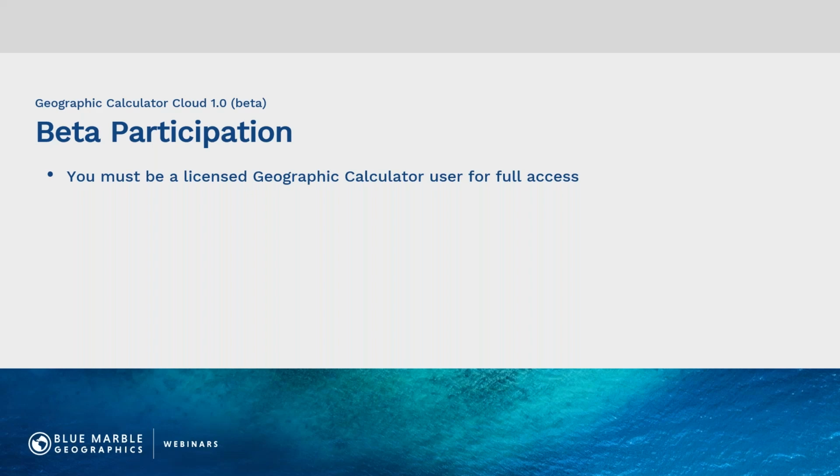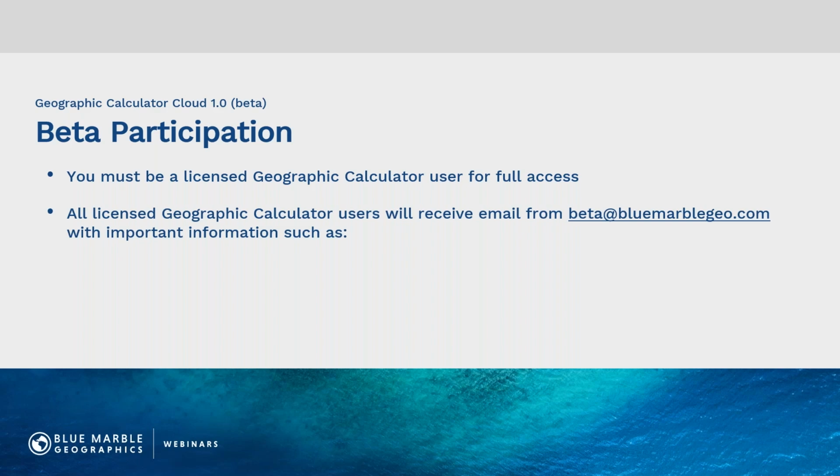Okay, so to participate in the beta, first of all, for now, you must be a licensed Geographic Calculator user, where this is keying off of the Geographic Calculator license. So everyone that's currently a calculator user will receive email.